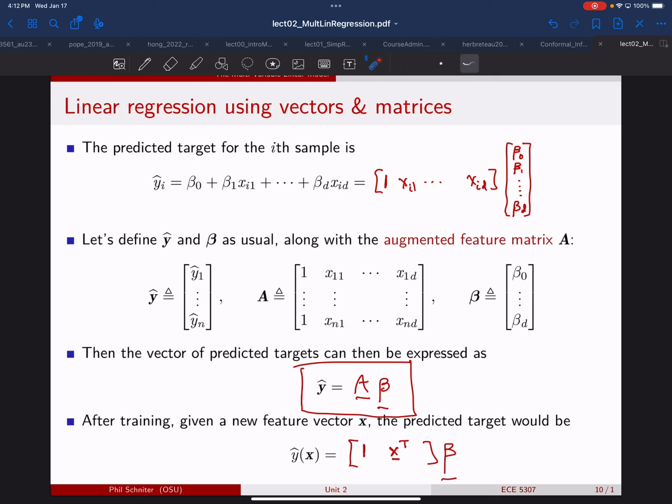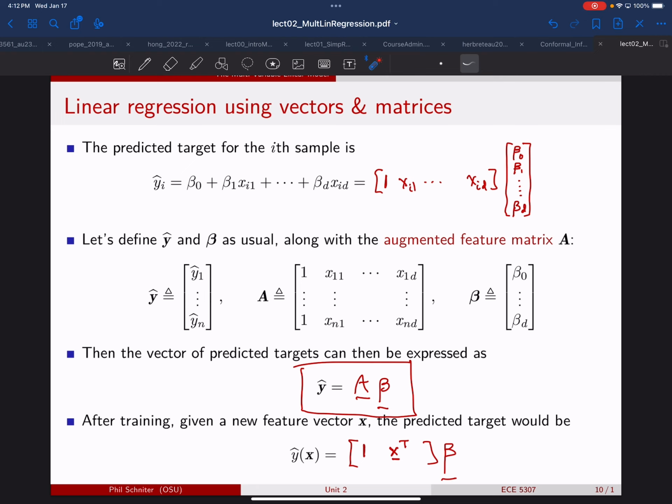What we can do is stack those, as well as the 1, into this row vector and stack the betas into a column vector. And now we have a row-column type of multiply. That helps us to understand how we can express all of these together in a vector using a matrix that we'll call A, whose rows are constructed like this, and then this beta vector here.